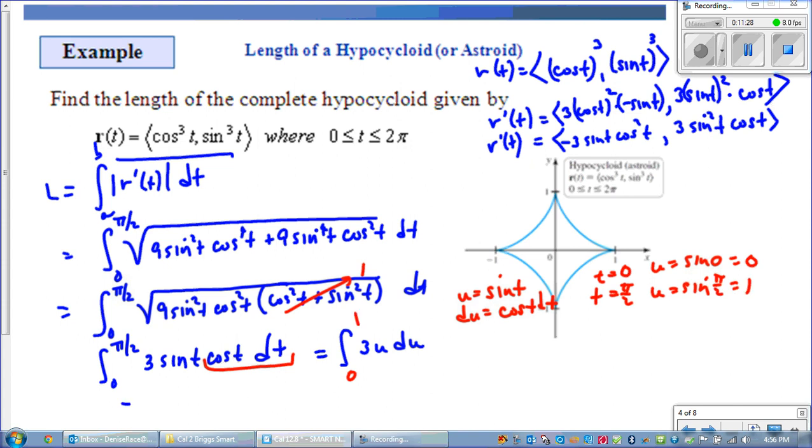So now, finishing the integration, we have 3u squared over 2 from 0 to 1, which just gives us 3/2. Now we just found a fourth of that, so the arc length here will be 4 times all these values, which ends up being just 6. So 6 units is the arc length of that hypocycloid.